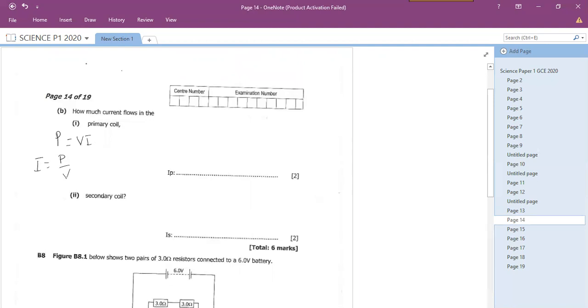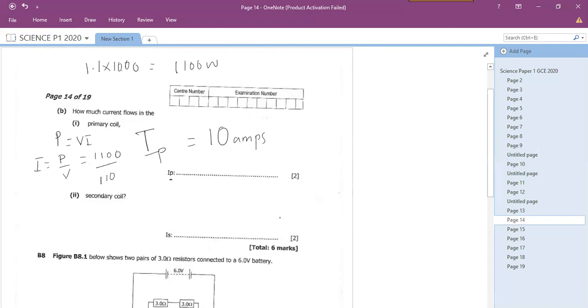We changed 1.1 multiplied by 1,000 and got 1,100 watts. So the power is 1,100 and the voltage we had was 110, meaning our current in the primary coil, no wonder it's IP, will be 1,100 divided by 110. We're going to get an answer of 10 amps. So that's the current in the primary coil.